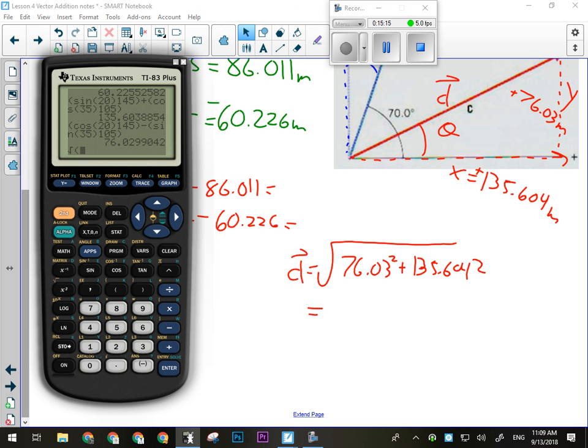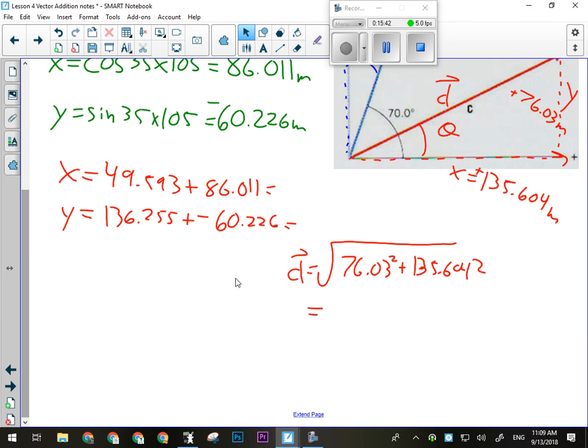And again, we want to use all those decimals, so 135.6038854 squared plus 76.0299042 squared. Okay, so my total displacement, or the magnitude of my resultant, is 155.46 meters.